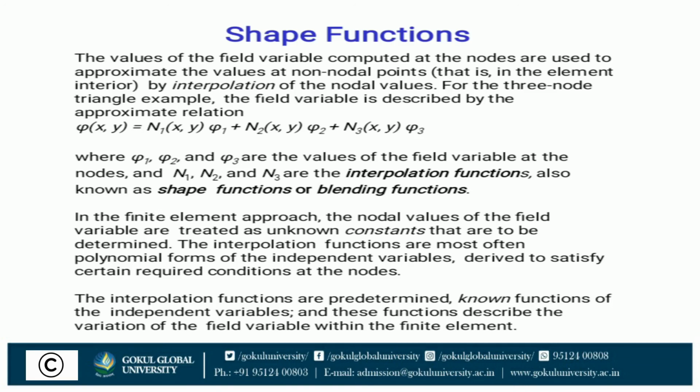For the 3-node triangle example, the field variable is described by the approximate relation: phi(x, y) equals N1 phi1 plus N2 phi2 plus N3 phi3. Here phi1, phi2, phi3 are the values of the field variable at the nodes, and N1, N2, N3 are the interpolation functions, also known as shape functions or blending functions.